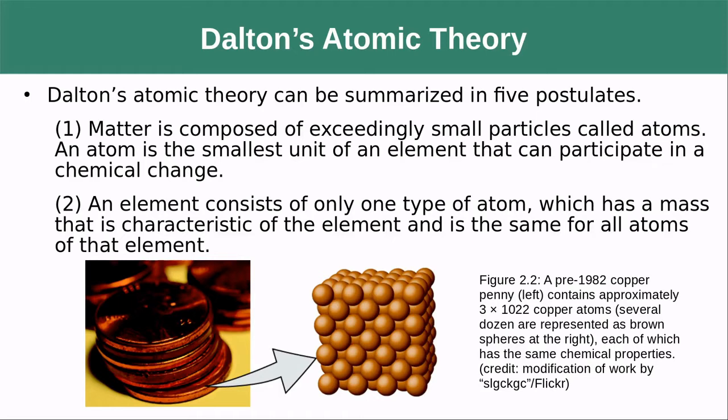The second is that an element consists of only one type of atom, which has a mass that is characteristic of the element and is the same for all atoms of that element. So every atom of copper, for instance, weighs the same amount, and that's why every penny of roughly the same size is going to weigh the same amount.